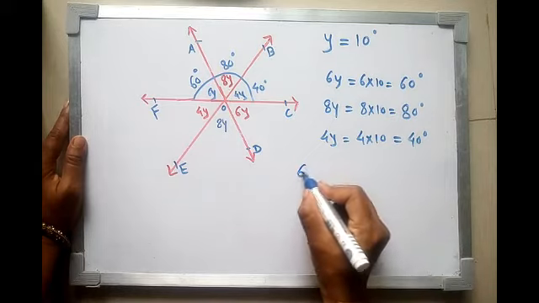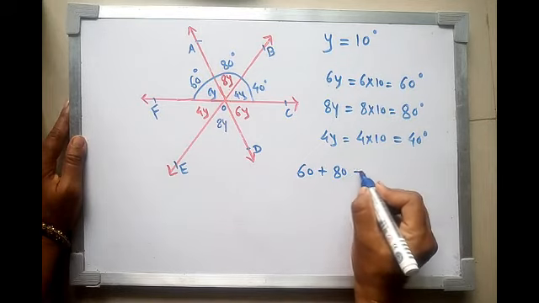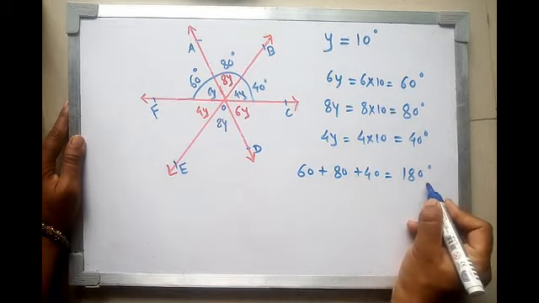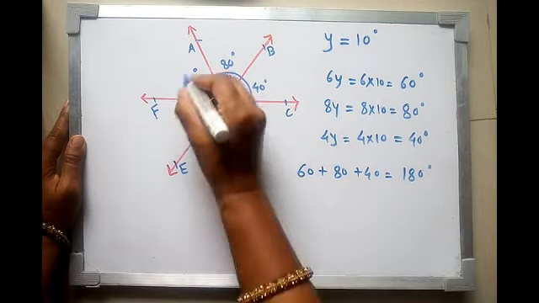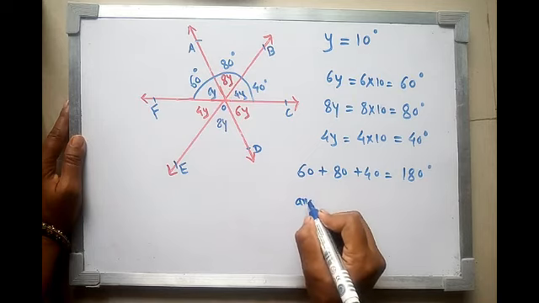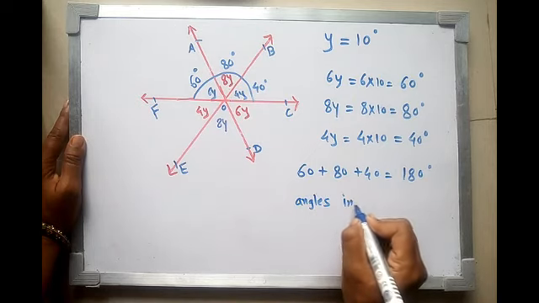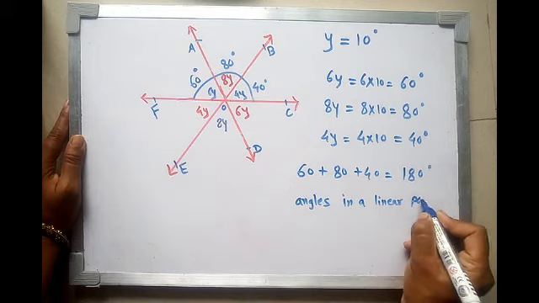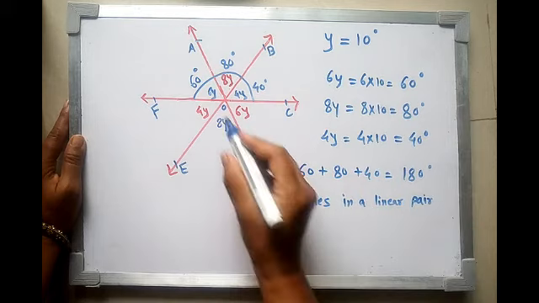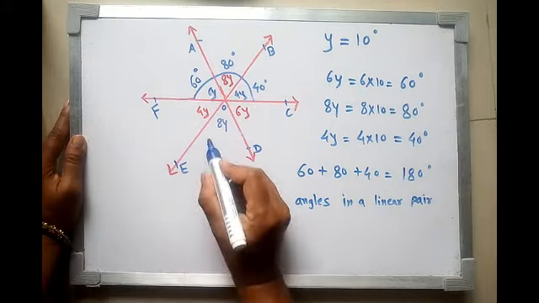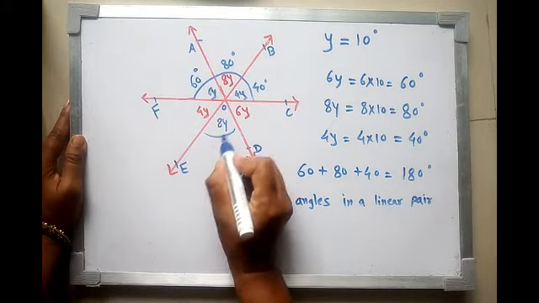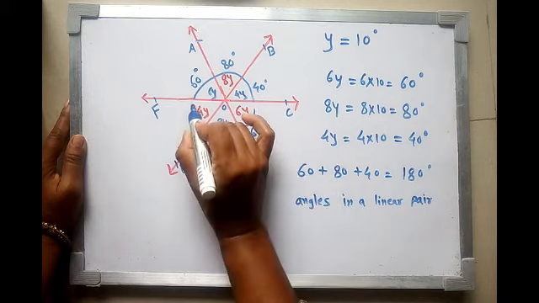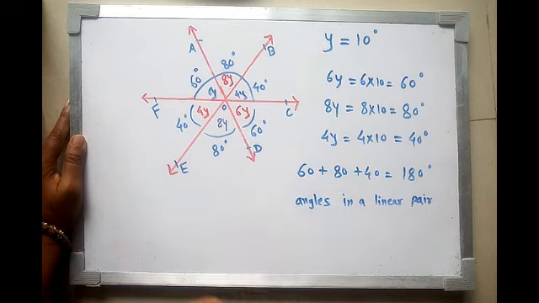In this way, we write down all these angle measures. 60 plus 80 plus 40 is 180 degrees. These three angles are in a linear pair, so their sum is 180 degrees. In this way, we got all the measurements: 80 degrees, 60 degrees, 40 degrees.